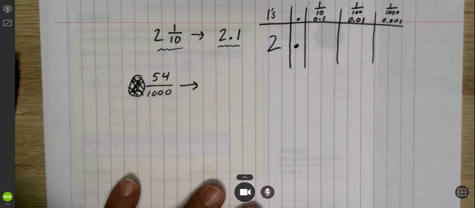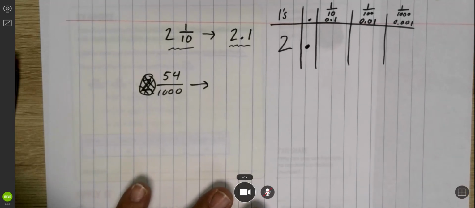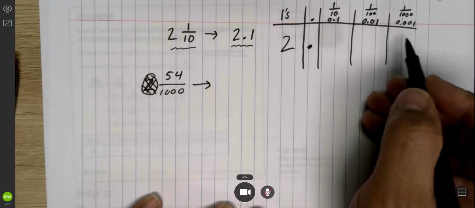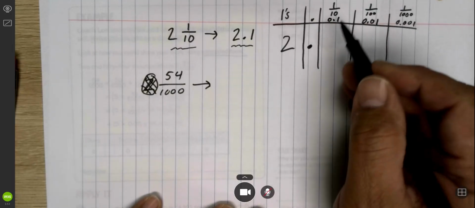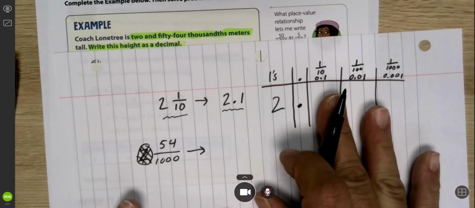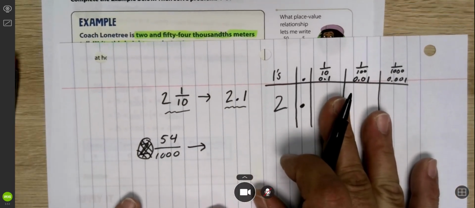The way that they do this frustrates me, but let's try to make sense of what they did by first doing our own solution with this place value chart, because I think this is a better way for you all to understand this. Remember, it said 2 and 54 thousandths.